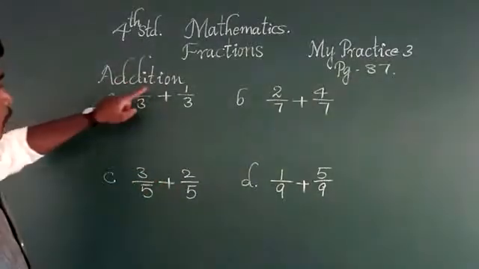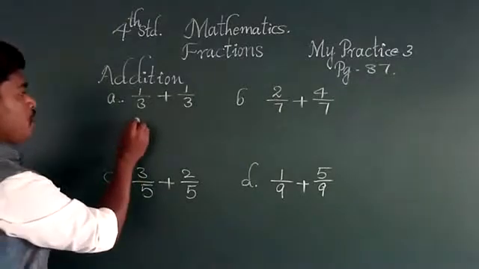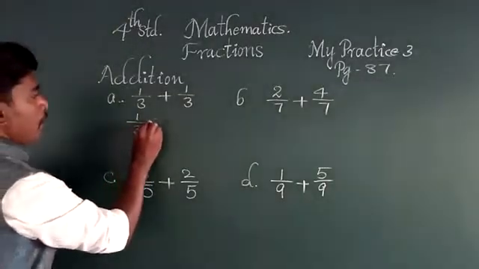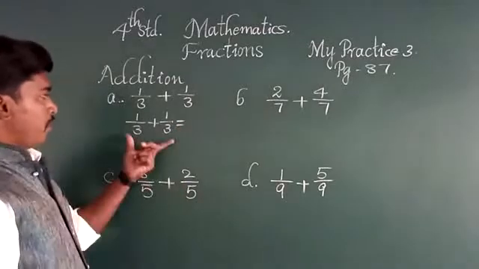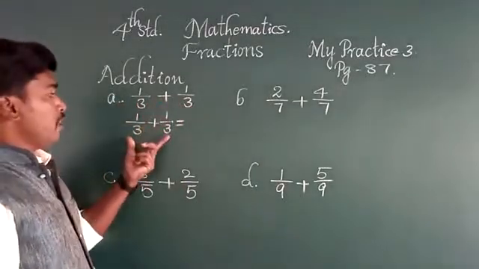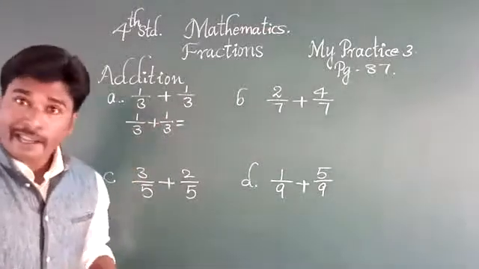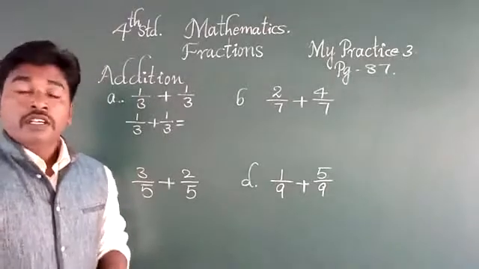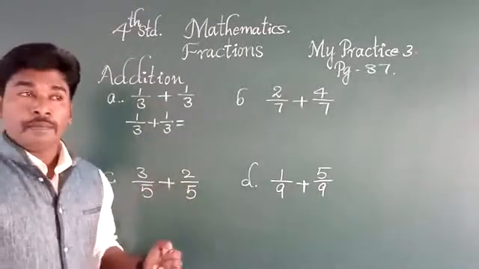So 1 by 3 plus 1 by 3. In the answer, you write it again, 1 by 3 plus 1 by 3. In the next step, write the given numbers again. When you are adding like fractions, the denominators are the same.